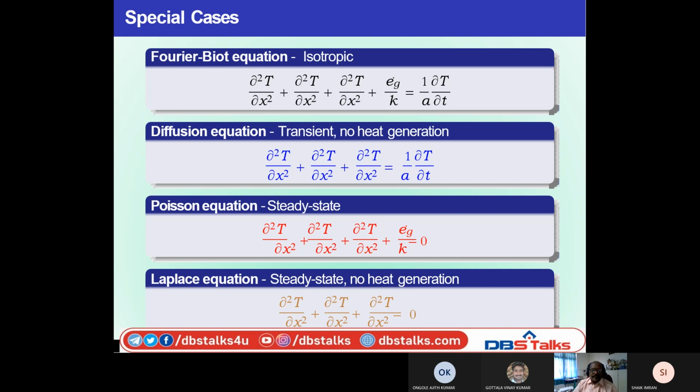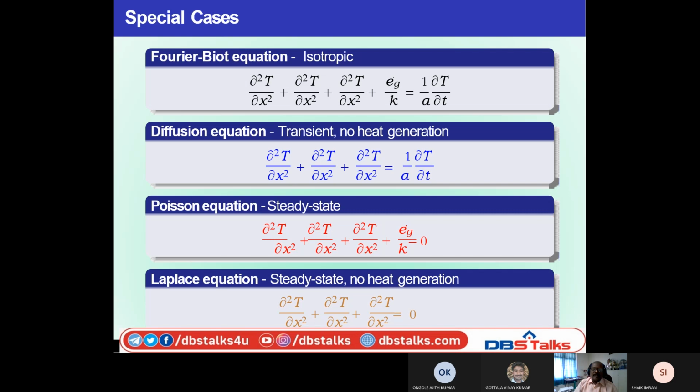Suppose there is no heat generation, this term becomes 0. Then dou square T by dou x square plus dou square T by dou y square plus dou square T by dou z square equals 0. This equation is called the Laplace equation. So from the differential equation, for different special cases, we derived 4 different equations: Fourier's equation, diffusion equation, Poisson's equation, and Laplace equation.